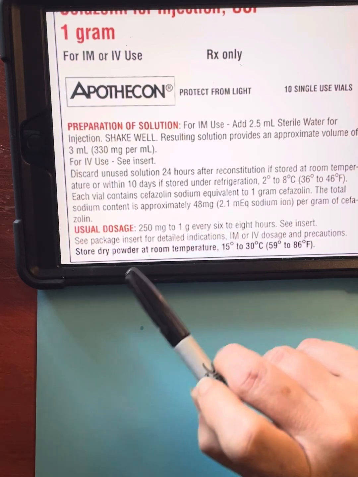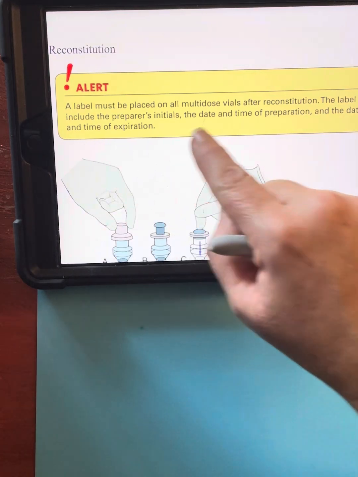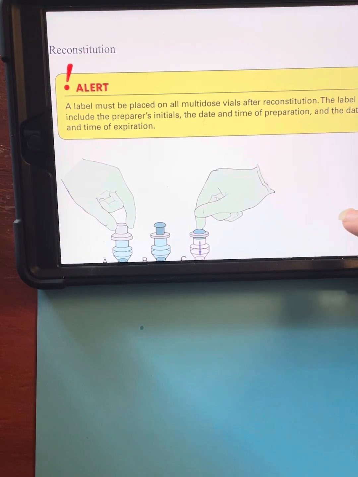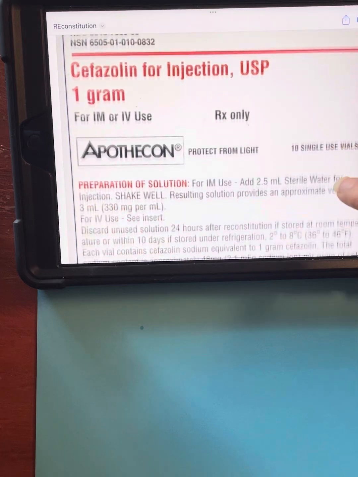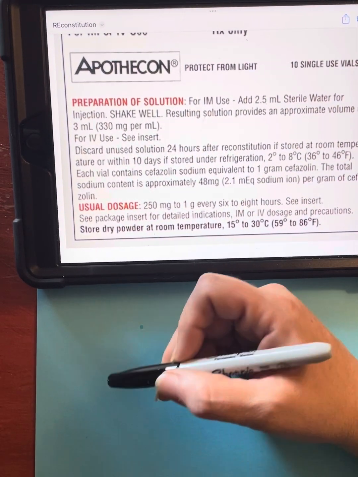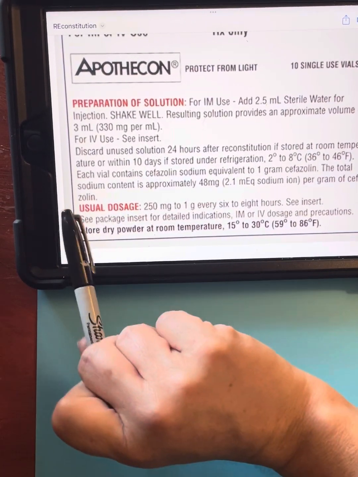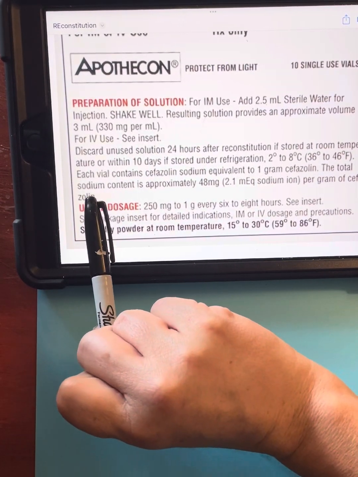All right? So remember up here it said you got to put the date and time of expiration. It's going to tell you on the bottle what you need to put on there, and it's your job to put it on there, really, because they can figure out who did it.